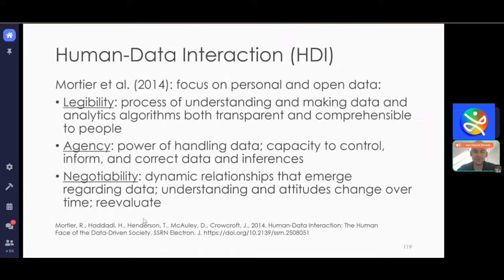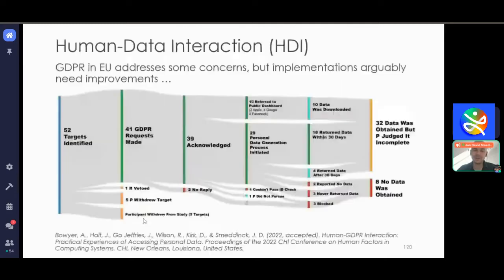I can only point you to the works of Jack Holt and Alex Bowyer, for example, from my last place of work, Open Lab at Newcastle University, doing really interesting work, both around GDPR and when you use it to do a data request, is the data that you get actually telling or not, and what maybe needs to be changed. And Jack Holt doing this fantastic work around when people lose control, often towards the end of life, over their own data, what then happens to it, and how can we reevaluate our situation maybe.